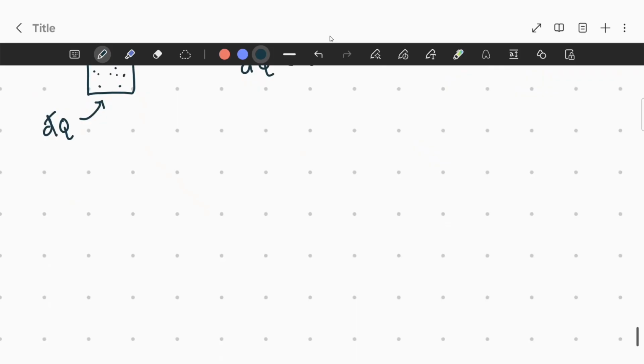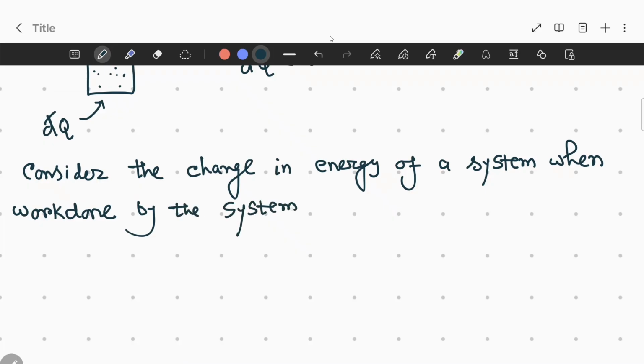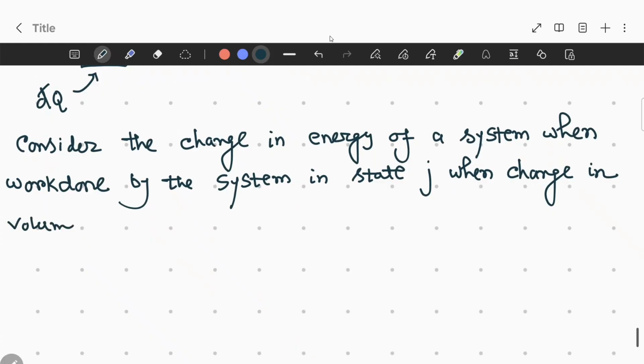So let me write it. So consider the change in energy, the work done by the system in state J. So basically, if you remember, EJ was a function of volume.